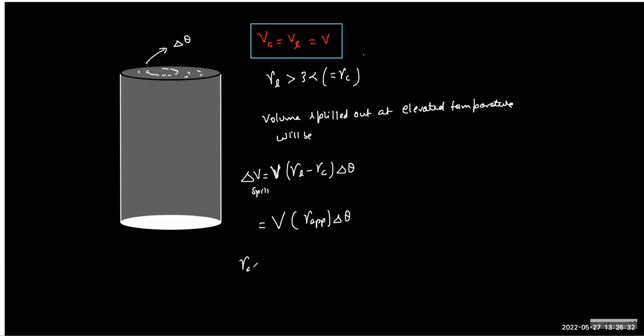So what is gamma apparent? Gamma of liquid with respect to container. And you can use the relative formula like gamma L minus gamma C. That's it. So we call it gamma apparent, and these questions will be asked where apparent is given to find the other relation.